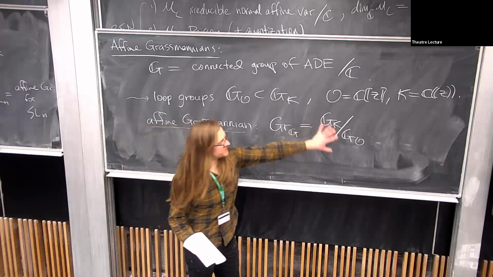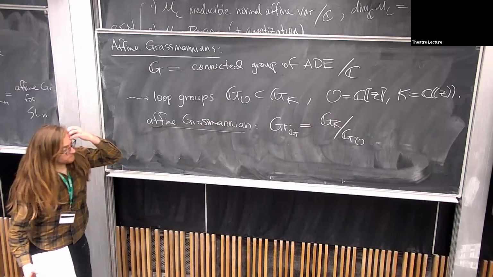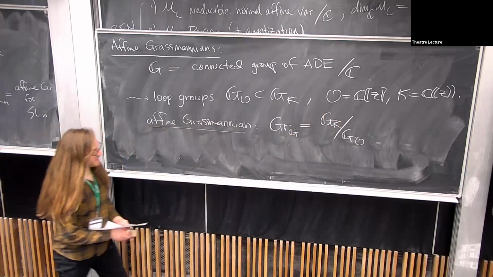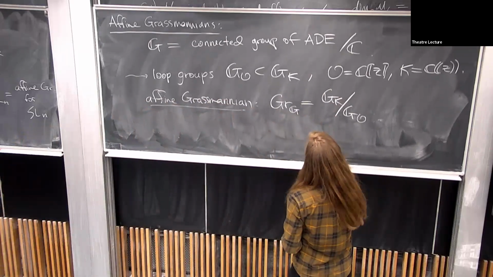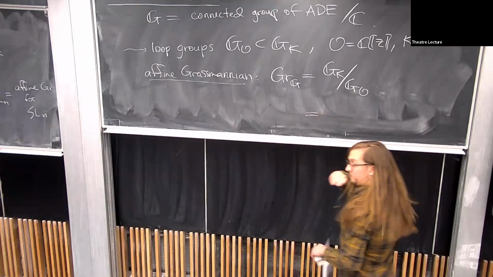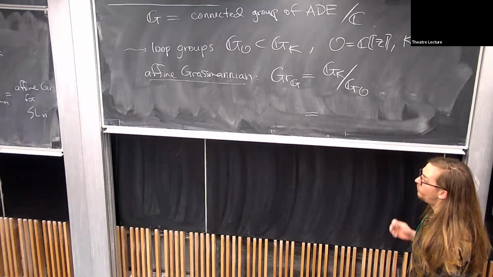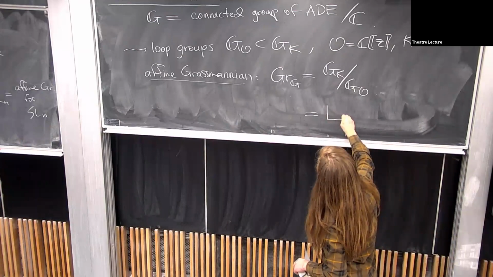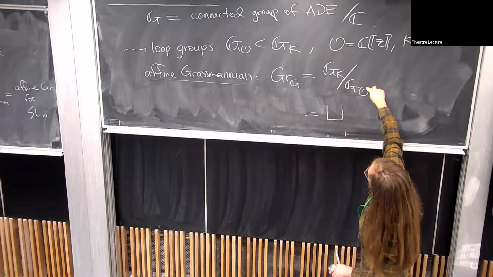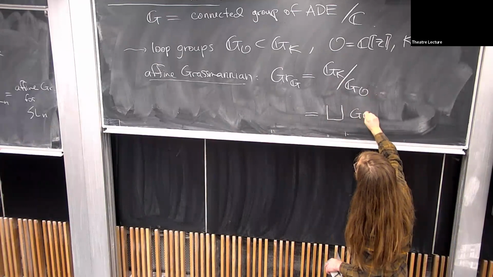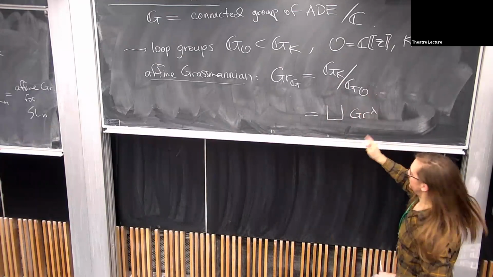This has some very interesting ind-scheme structure. So, at least set theoretically, one thing we can say is that this has a Cartan decomposition. This decomposes basically into left orbits for this group, and I denote those orbits by Gr^lambda. I'll explain that in a second.